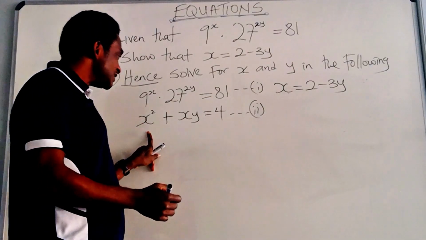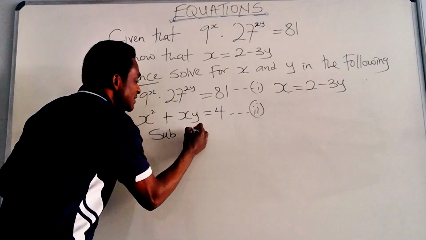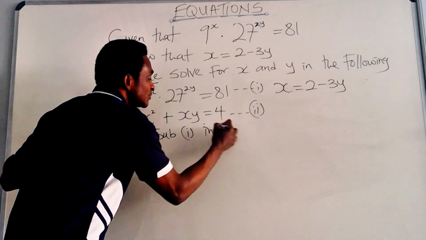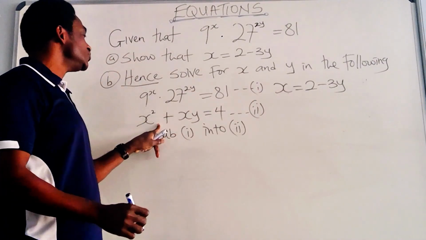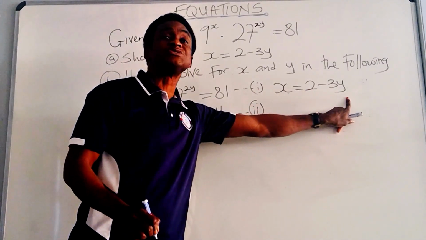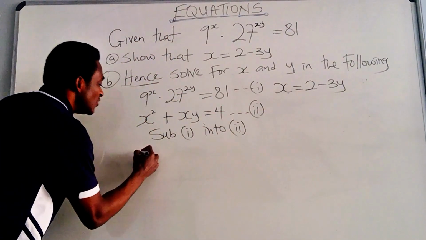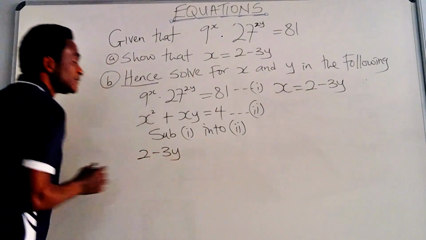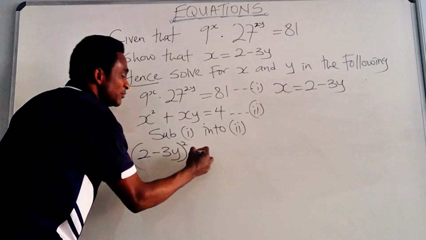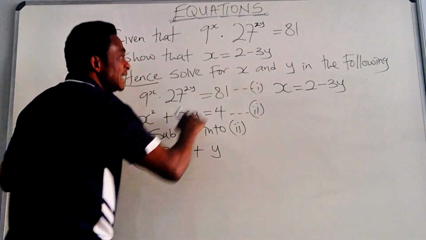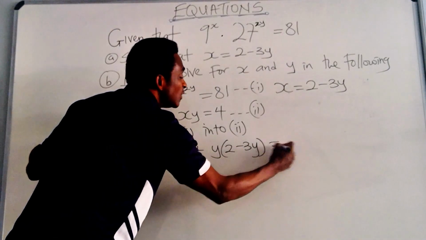That means anywhere we see x in equation 2, we replace it with 2 minus 3y, because that is what x is equal to. So here we have 2 minus 3y all squared for x squared, plus we have this y and then we replace x also, which is 2 minus 3y, equals 4.